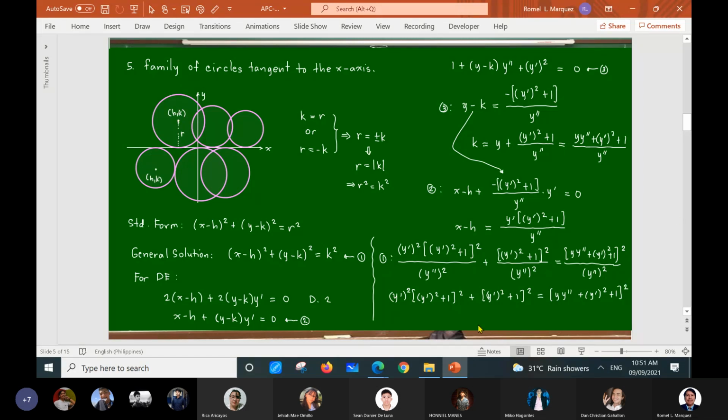Pwede natin i-factor out. Actually, yun na yung sagot eh. Sinisimplify lang natin, guys. Oh, ano yung common, guys, sa left side? Children. Ay, sleeping na yata sila. Yung sir, y prime squared plus 1 po, na naka-quantity square pa rin. Oo. Common siya. O, pag nilabas ko siya, ano mangyayari? Anong matitira sa first term? Y prime squared na lang po plus 1.